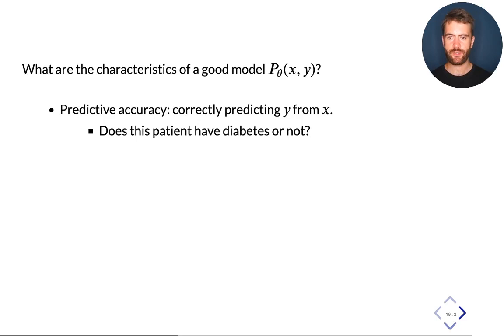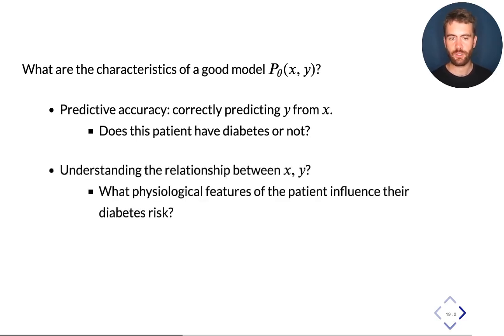One thing that is important, and that was the focus of many of the previous lectures, was predictive accuracy. So we might be looking for a probabilistic model that is predicting y from x. For example, does this patient have diabetes or not?